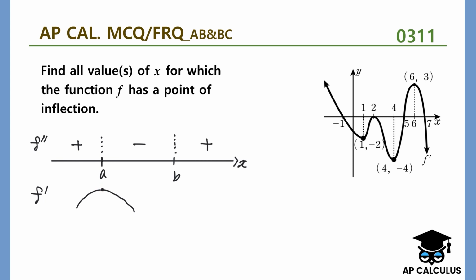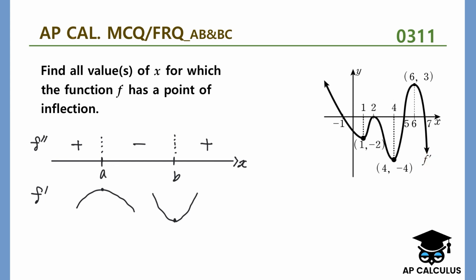Okay, let's say f double prime is negative here and positive here. Then what happens to f prime? It decreases and increases, right? So f prime has a relative minimum at this point, right? So here we have f prime.